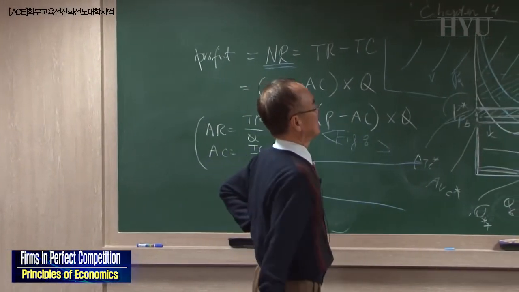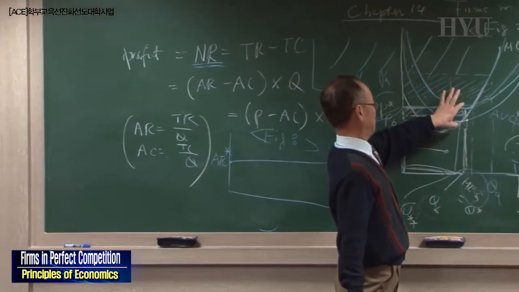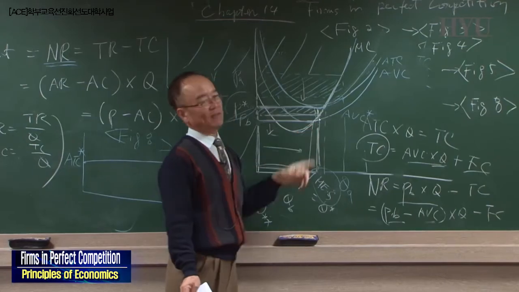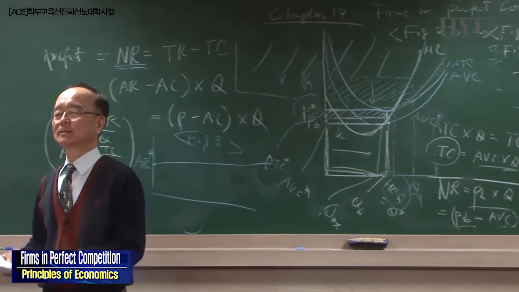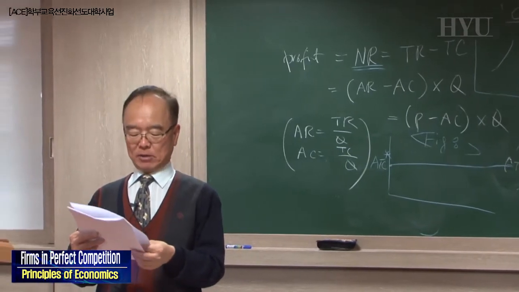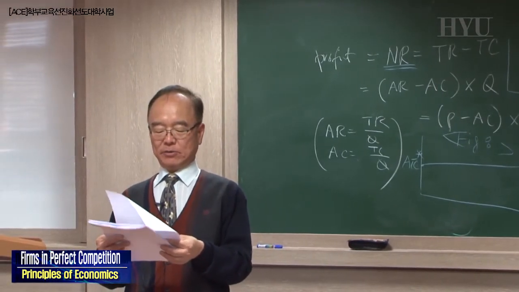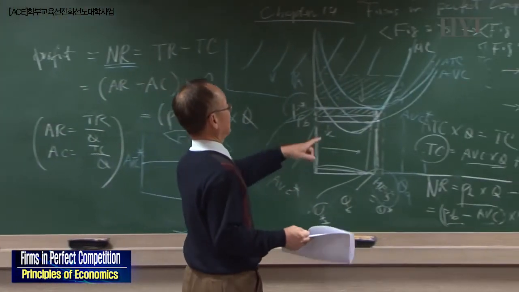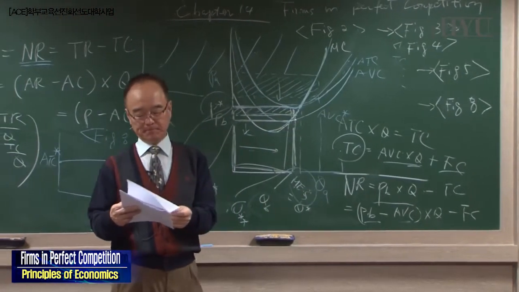If the market price falls between minimum ATC and minimum AVC, we can minimize the loss, so we don't shut our factory down. In the long run, we will get out of this business eventually.